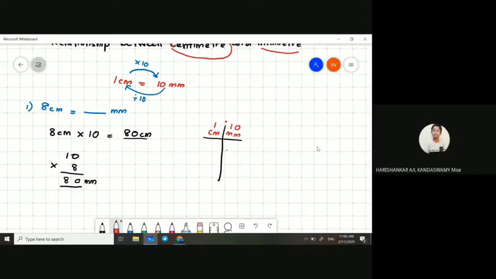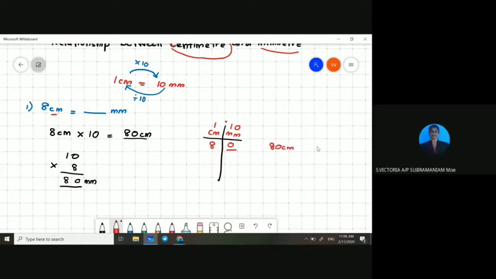So here we need to put 1 line because there will be only 1 digit in millimeter. When you see this 8 centimeter, the 8 shows for centimeter. So you just copy the 8 in the centimeter house. How about this line? It will become 0. So your answer will become 80.